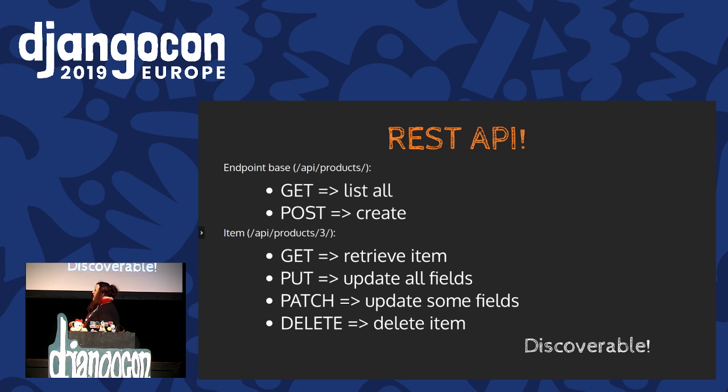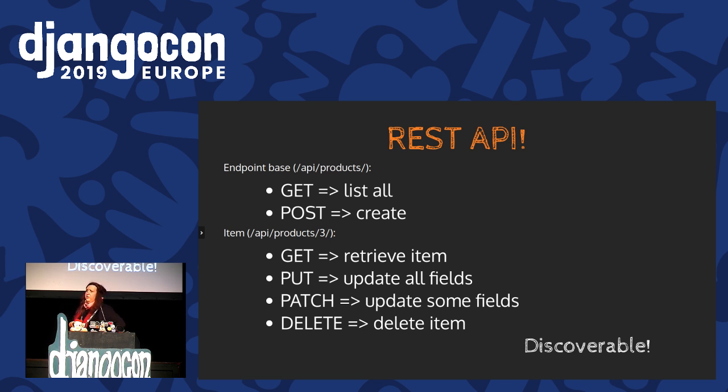You also have a second view, which is the detail view, similar to Django detail view for just displaying a web page. On this detail view, it's /API/product/the ID, and you usually have 4 methods on that. Get will give you the details of the product, all the information.